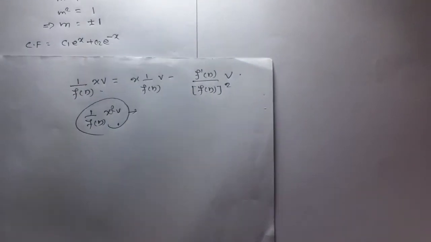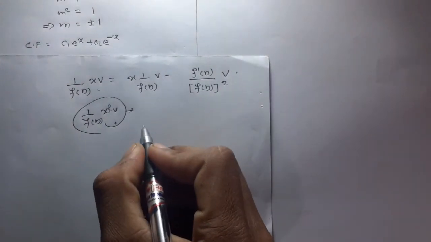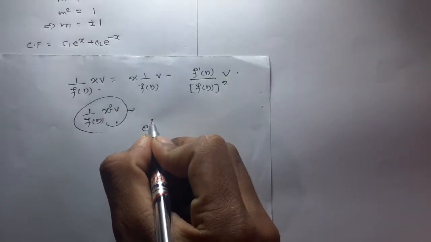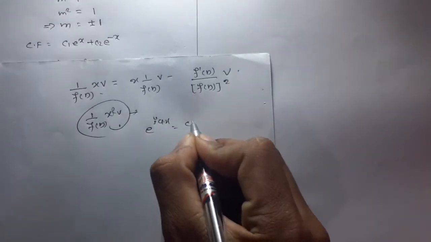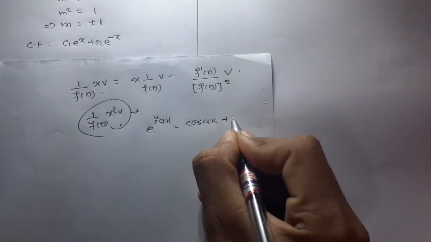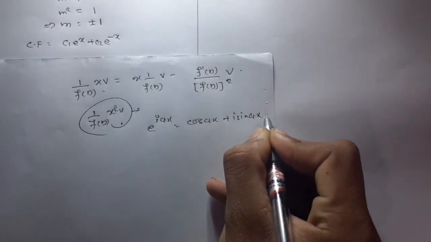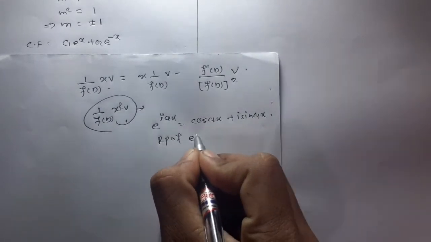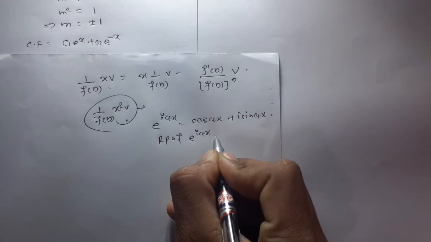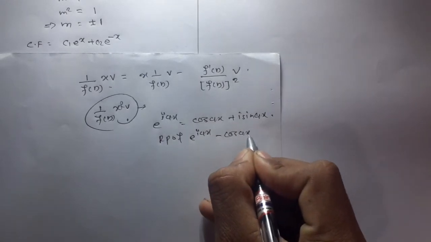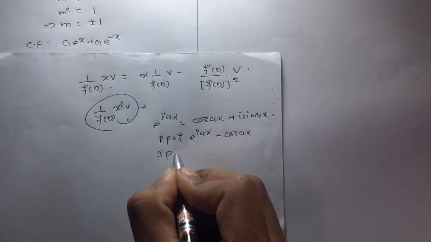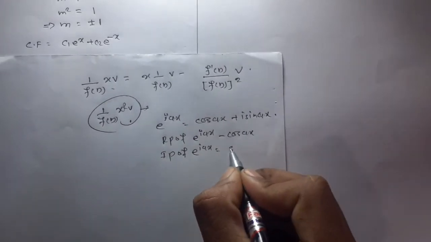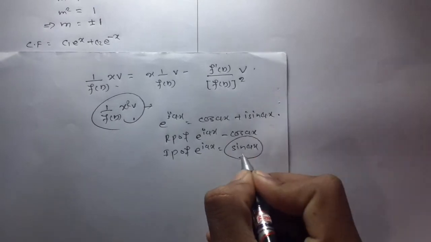For that, first we have to know e^(iax) = cos ax + i sin ax. Here the real part of e^(iax) is cos ax and the imaginary part of e^(iax) is sin ax.